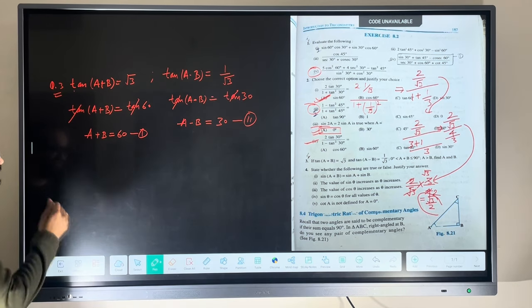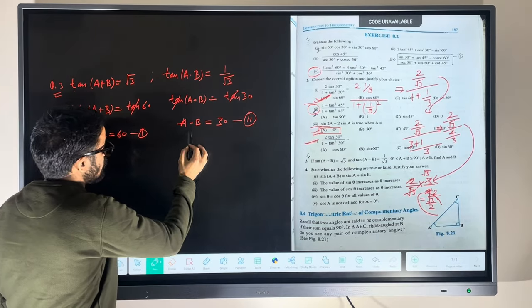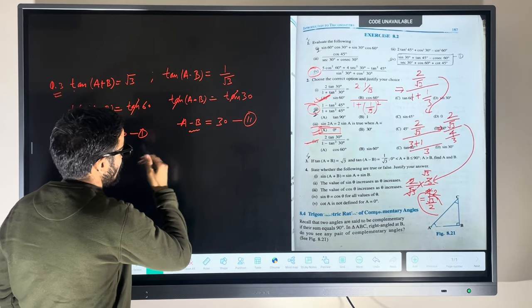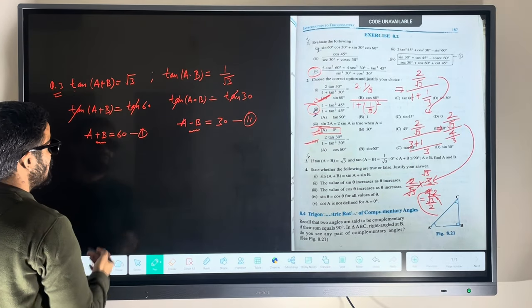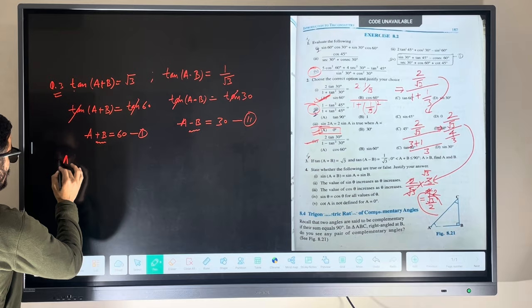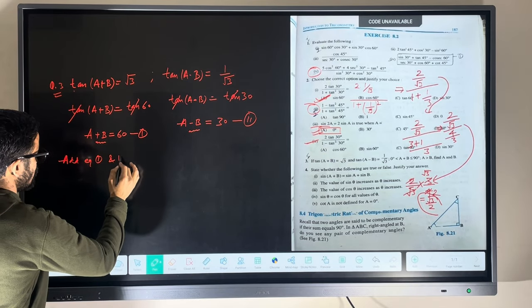Now we see that here we have plus B and here we have minus B. So we can simply add these equations and B and B will cancel out each other. So add equations 1 and 2.